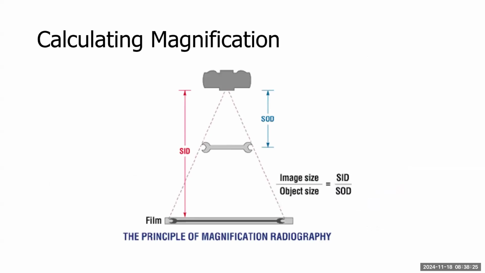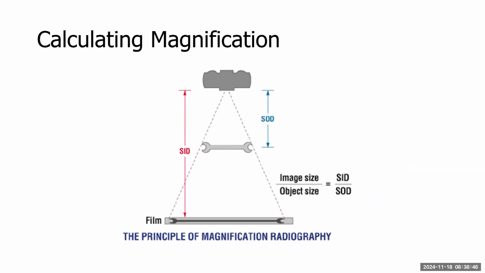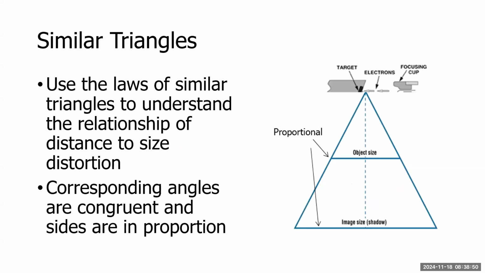All right, so for this semester, the last of the formulas that you've got to know. We're going to talk about how we calculate magnification. We see that we can do that by putting the image size over the object size, or the SID over the SOD. And we can do that because of the law of similar triangles.